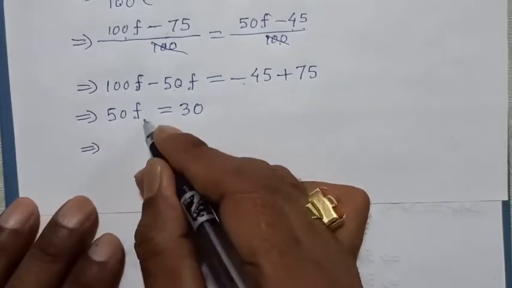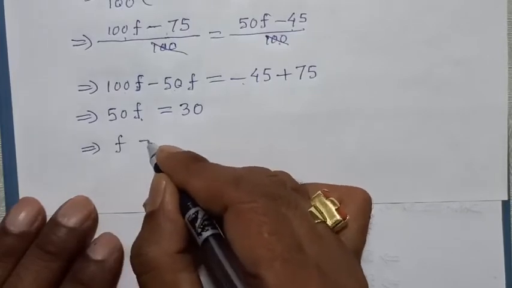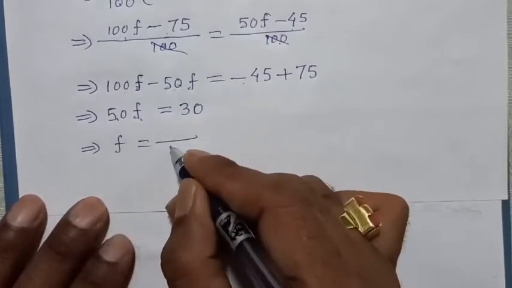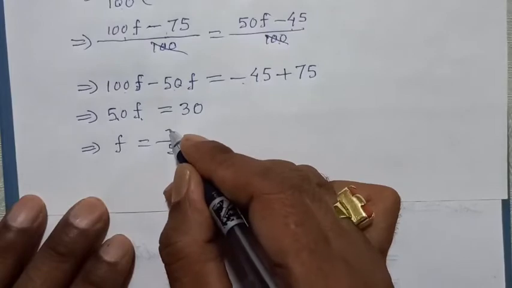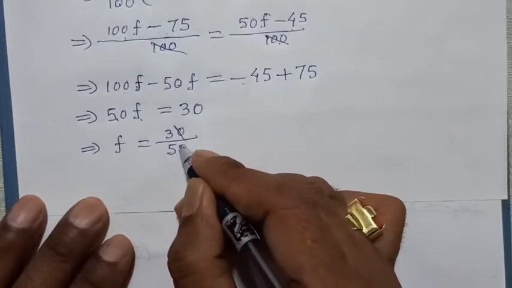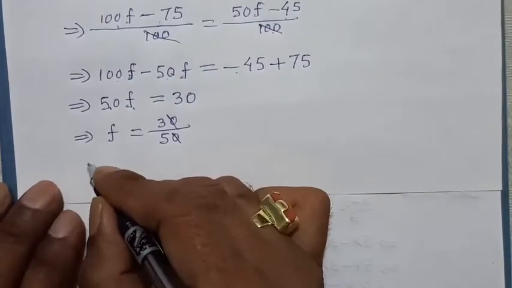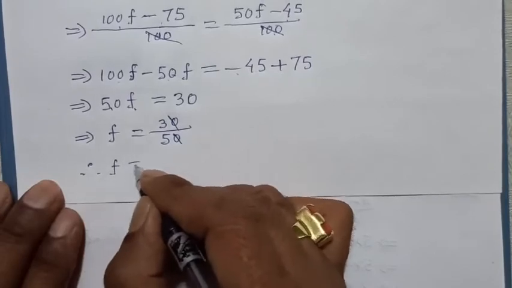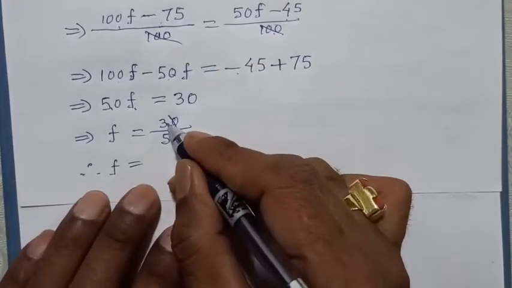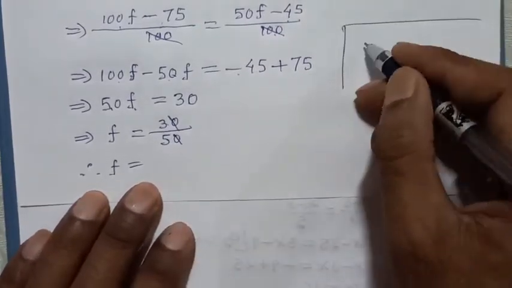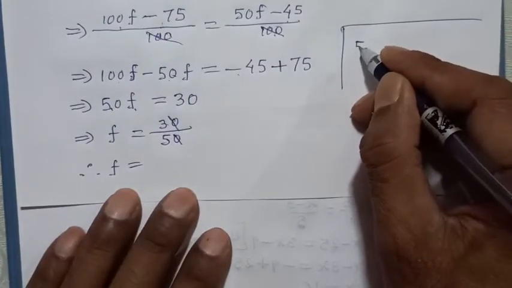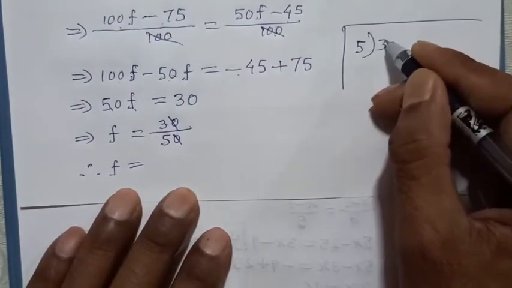This implies that if we want to find out the value of f, this 30 will be divided by 50. 0, 0 are cancelled. Therefore, f is equal to, let us divide this 3 by 5 here. 3 will divide by 5.